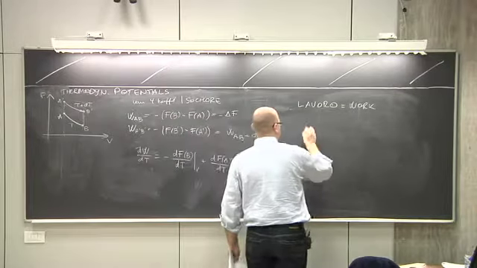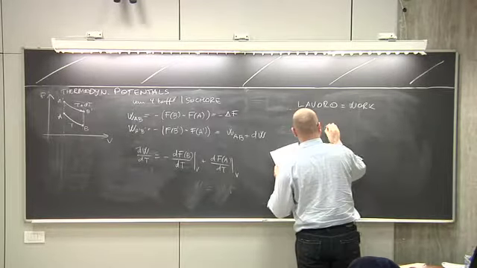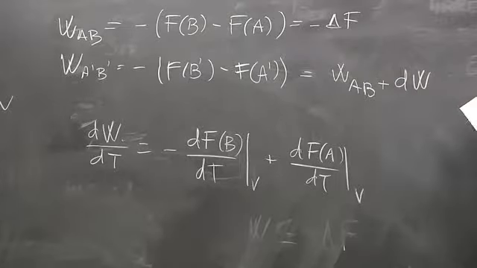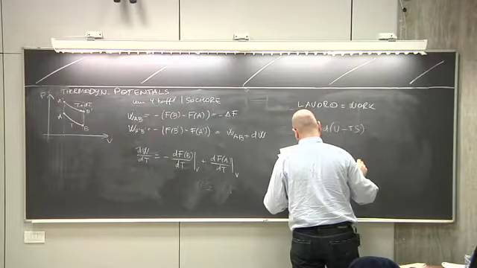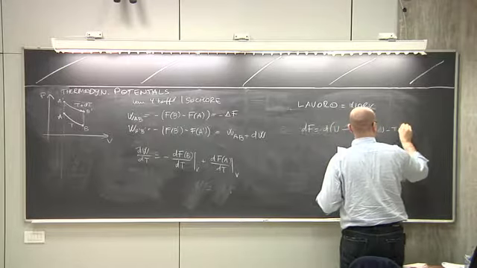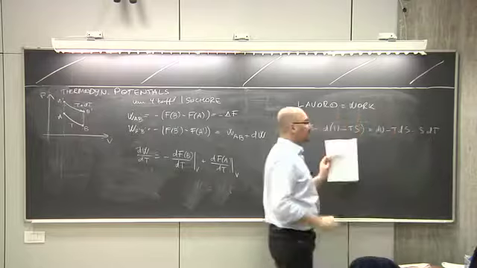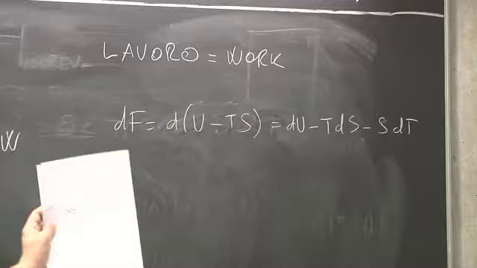But dF is equal to dU minus TdS. Sorry, let's do this. F is U minus TS. So dF is dU minus TdS minus SdT. Differentials have exactly the same properties as derivatives.